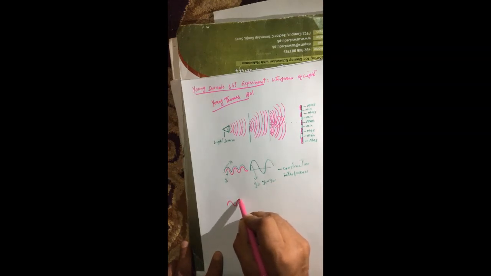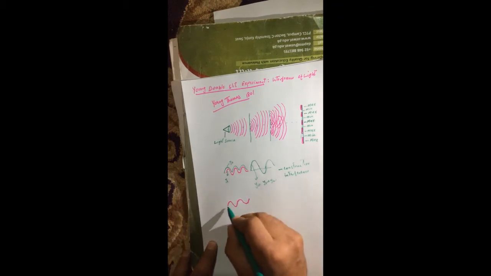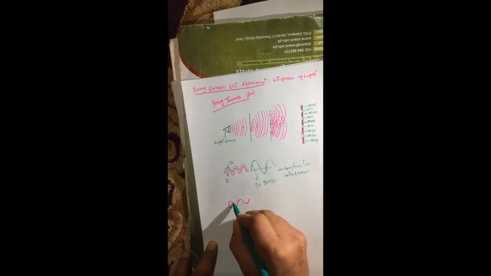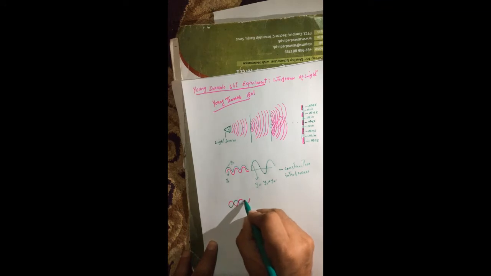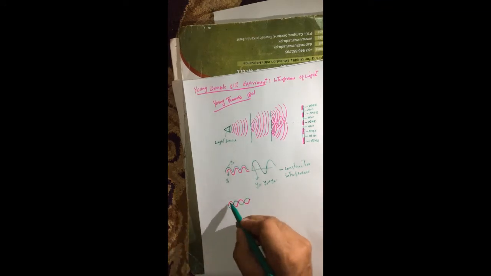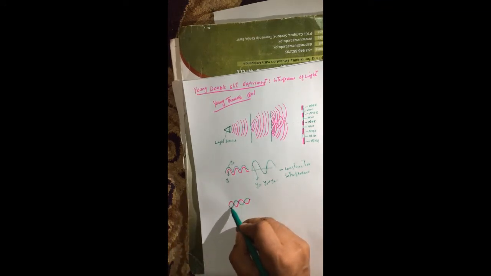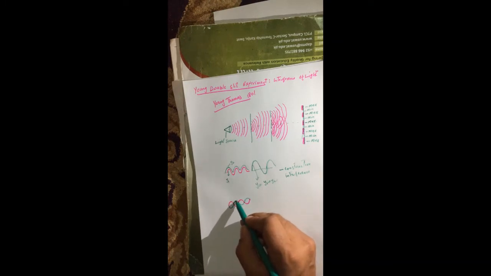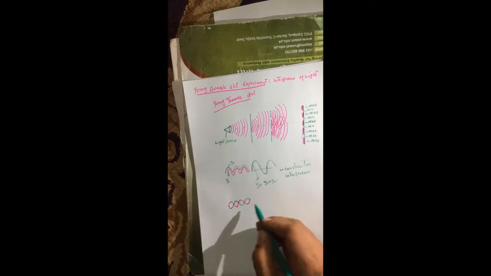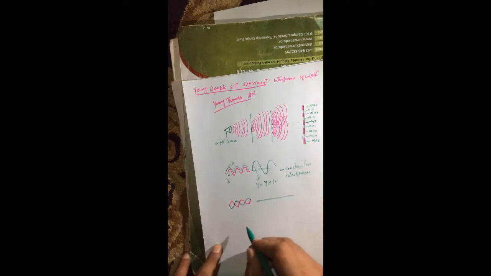If this is one wave and we have another wave like this, here the crest of this wave falls on the trough of this wave, and the resultant wave has a magnitude of 0.